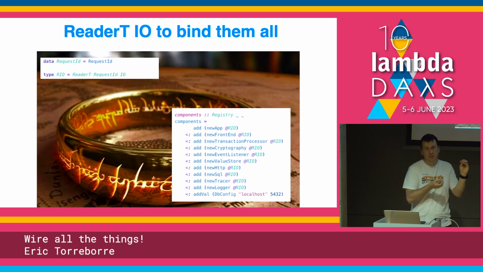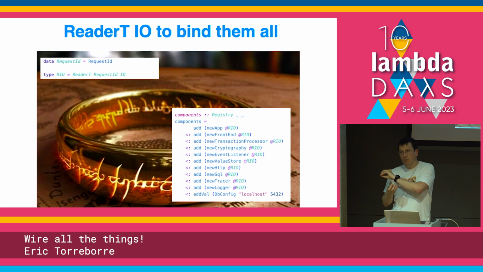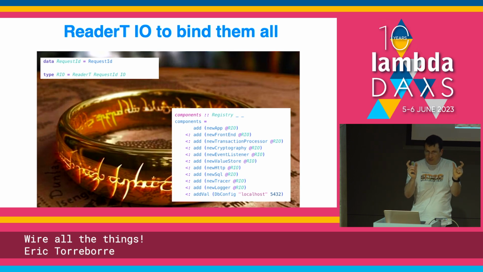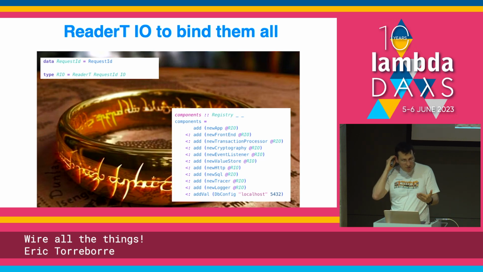This is a piece of information that is going to go through all the components, and at the end of the day, each component is, in general, parameterized by a monad, and what makes them work well together is the fact that when we wire everything up, we use the same monad. So all the components communicate using the same monad. And in that case, you will need some form of request IO, a ReaderT giving you access to the current request ID, for example.